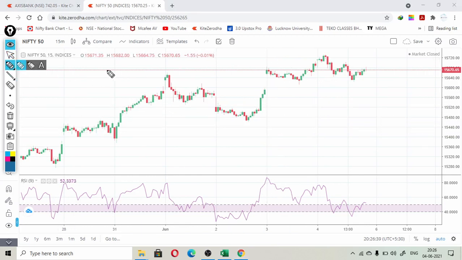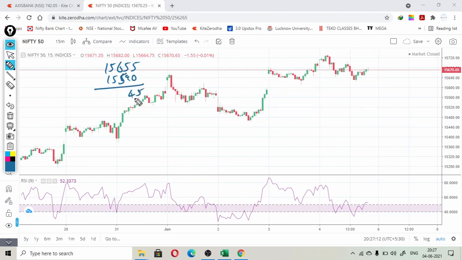So let us write it here: 15,655 was the open and 15,590 was the close. It comes to about 65 points. So 65 points is less than 0.5%, because if you check 0.5% of 15,655, it will be more than 75 points.